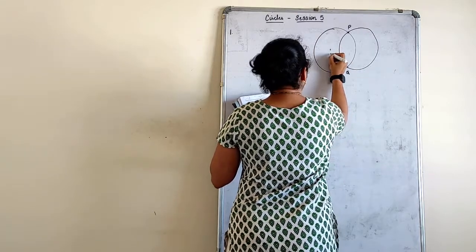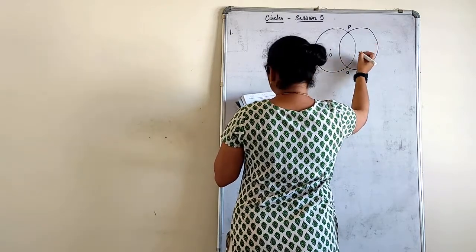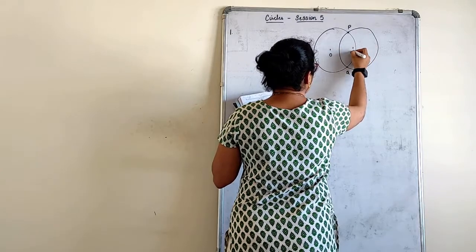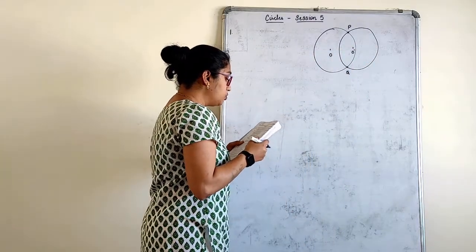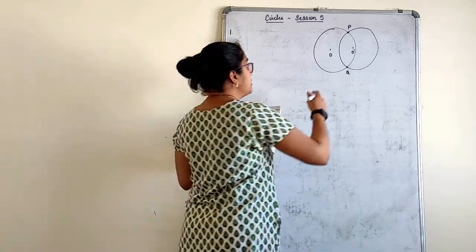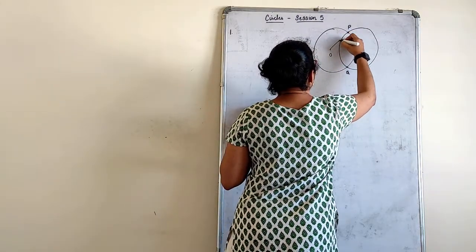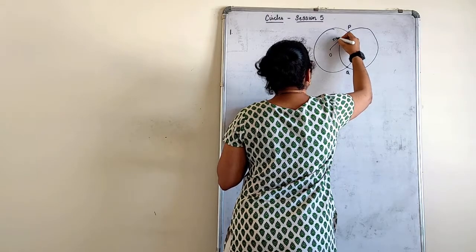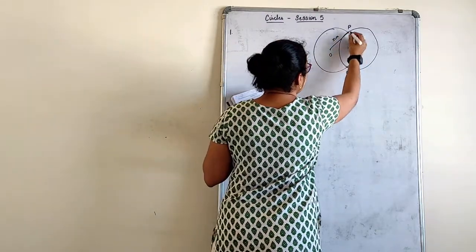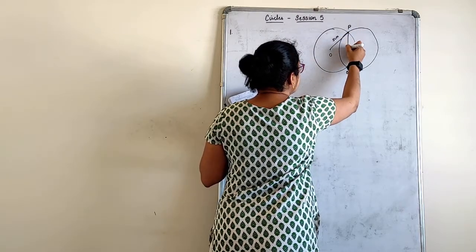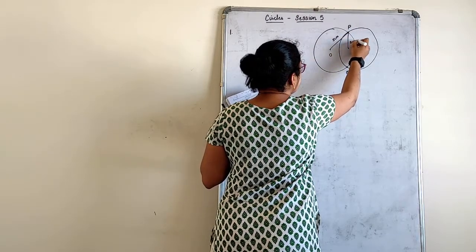So this is one center O, and I can consider another center O dash of the circle. If I consider from here, this is 5 cm, and for the radius of another circle, I will consider 3 cm.